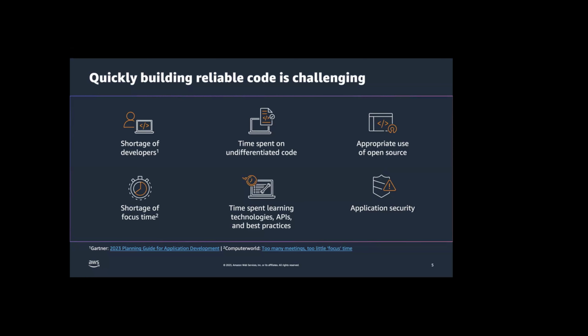But what you'll see, surprisingly, is that coders spend a tremendous amount of time on what we call undifferentiated code. That's the analogy to our undifferentiated heavy lifting in AWS.